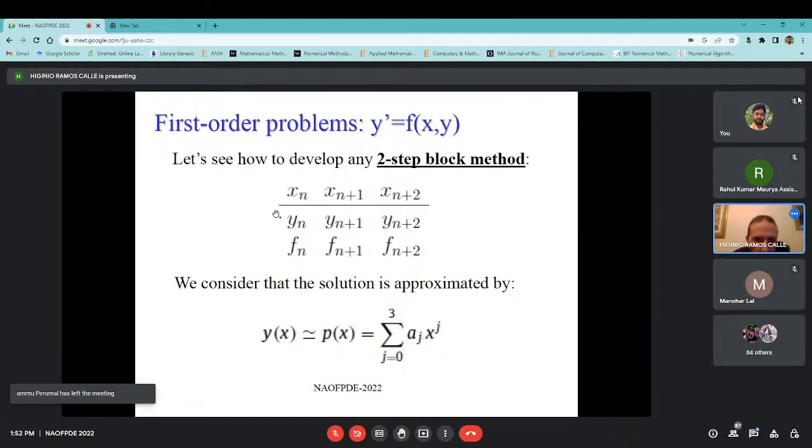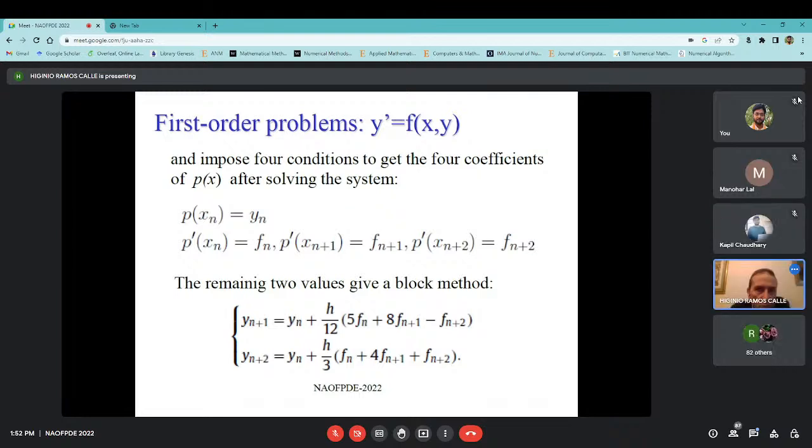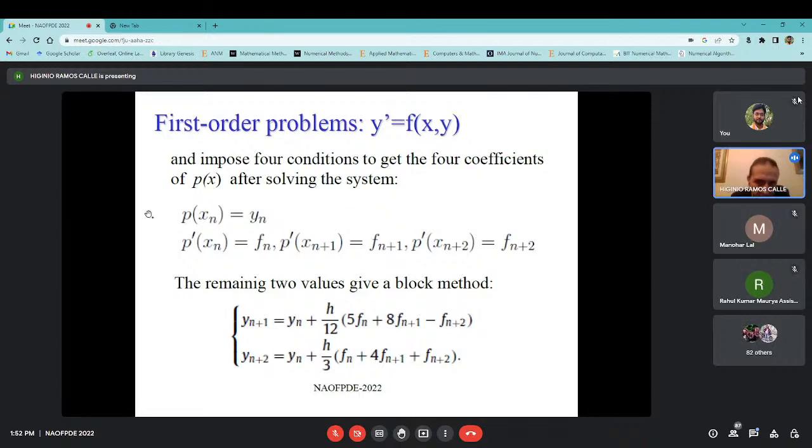As we have four pieces of information here, we are going to use these pieces of information to obtain the coefficients of the polynomial. So we impose the interpolation and collocation conditions to obtain the four coefficients.